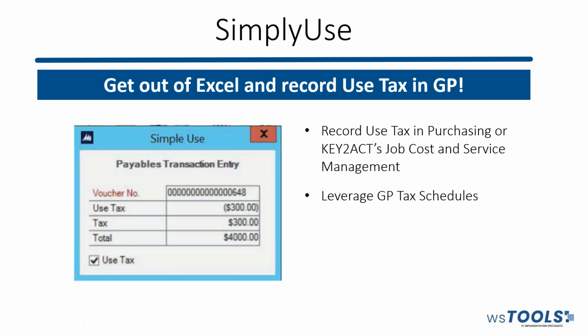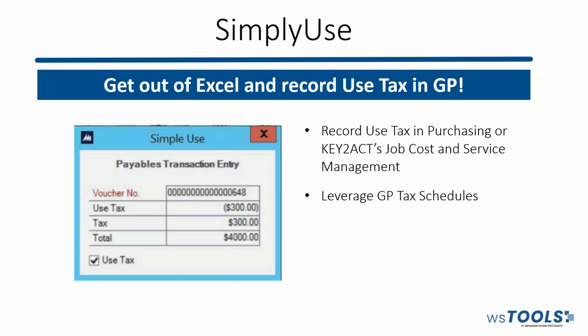Simply Use, and this one is very powerful. It's use tax. If you are a customer that needs to record and track use tax within GP, you can do it with our product. This is on the purchasing side, so we're talking about payables and purchase order, and if you use Key2Act, job cost and service, it'll be applicable to those modules as well.